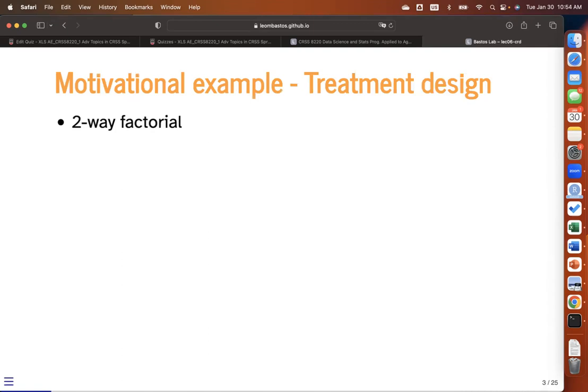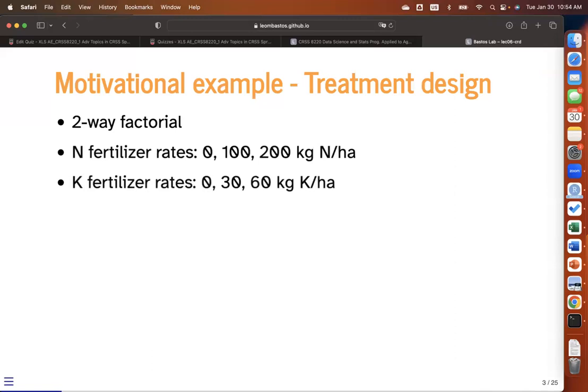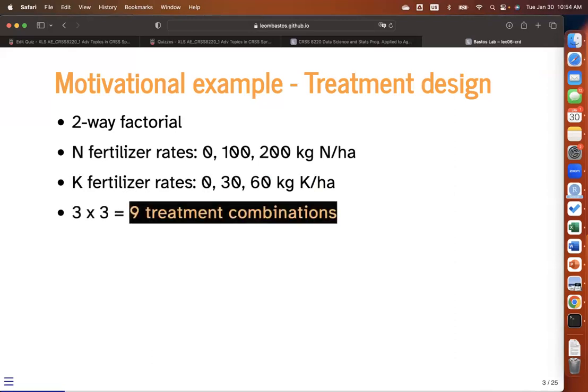All right, so, we're going to be referring to our motivational example, the one we just talked about in the previous lecture, where we have a 3 by 3 factorial with nitrogen fertilizer rates of 0, 100, and 200 kilos per hectare, and potassium rates of 0, 30, and 60 kilos per hectare.